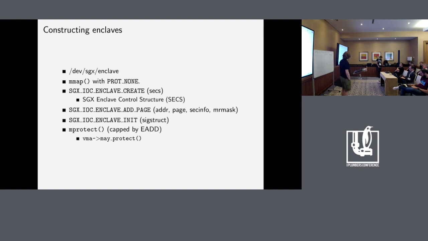And then the pages are added with the add page ioctl, which takes the virtual address for the page data itself, and sec info that basically contains the maximum permission for the page. And a measurement mask that defines which parts of the page are measured, or is the page measured at all.